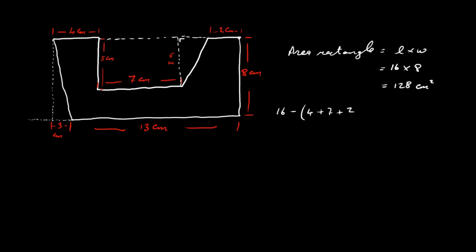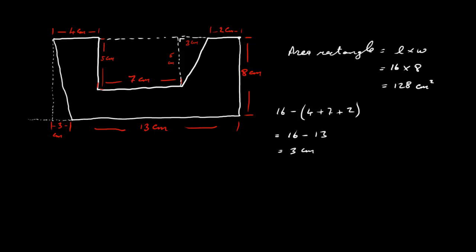So it's going to be 16 centimeters minus the 4 minus the 7 minus this 2. So that will just give us 16 minus 7, 9, 11, 12... that's just going to give us 3 centimeters here. So this dimension here is just going to be 3 centimeters. Okay, so I think we have everything now that we need to work out our area.